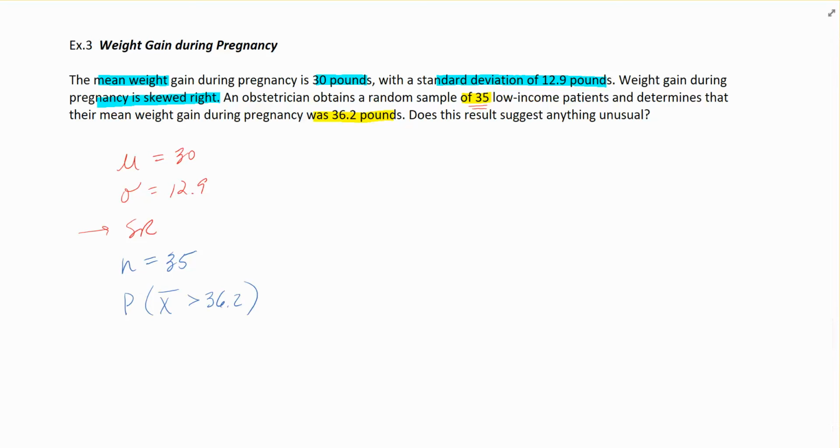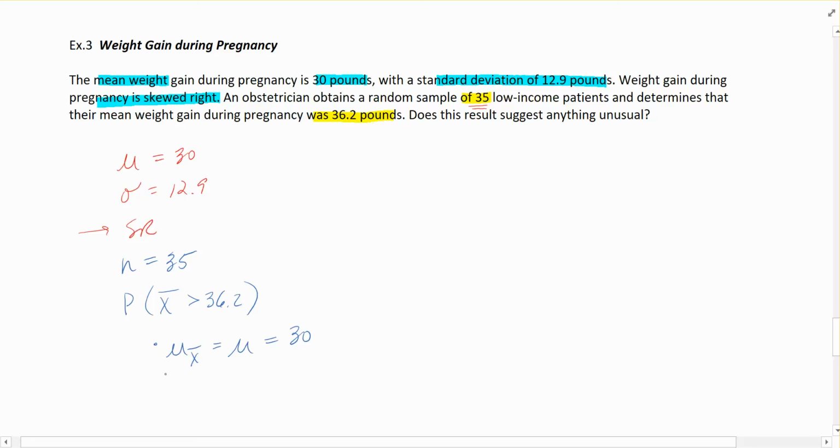The next thing we want to identify is that since we can use that normal model, the mean of the sample is the same as the mean of the population. In other words, we're going to use a mean of 30 in our calculator.